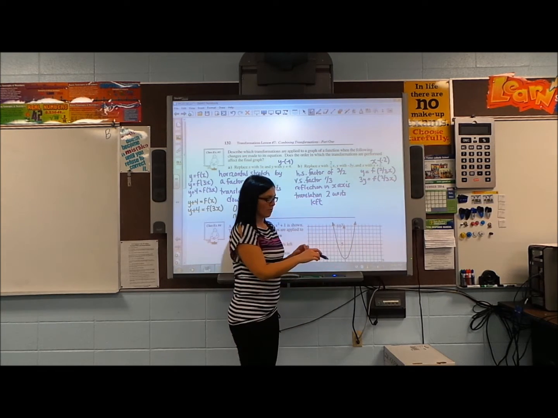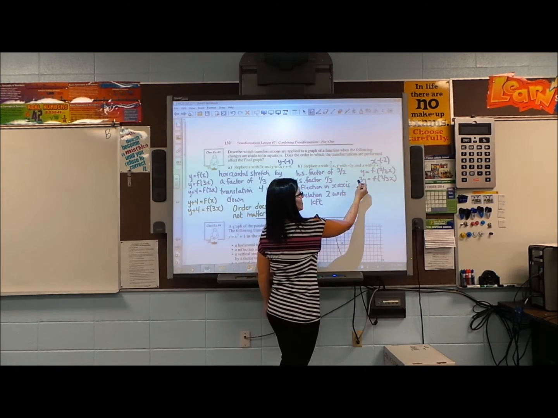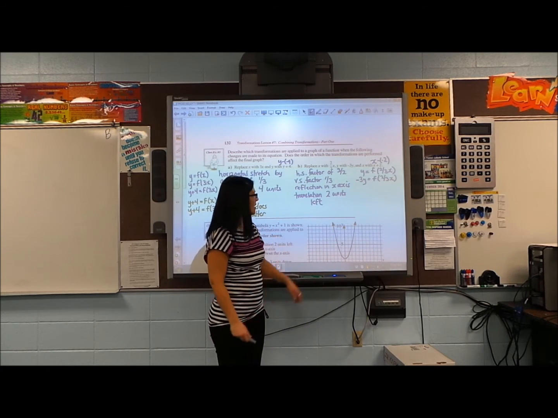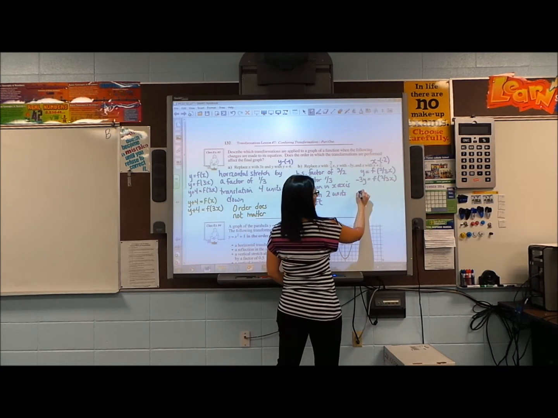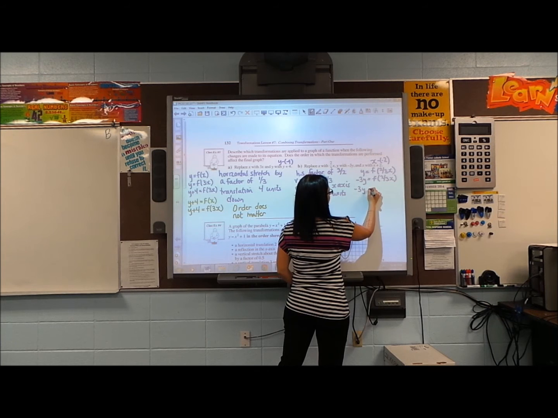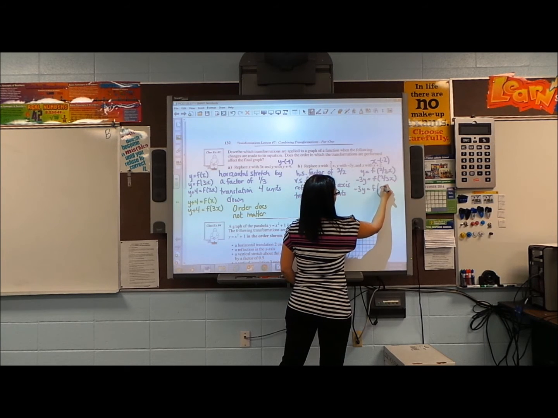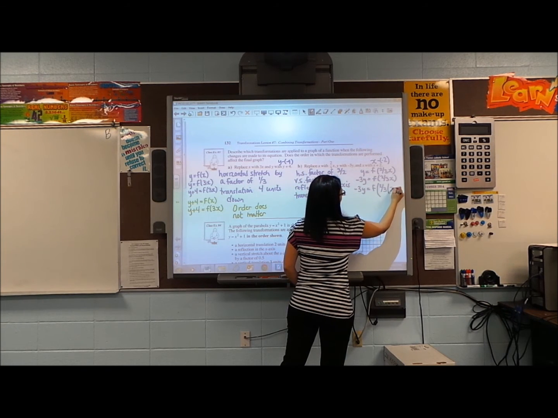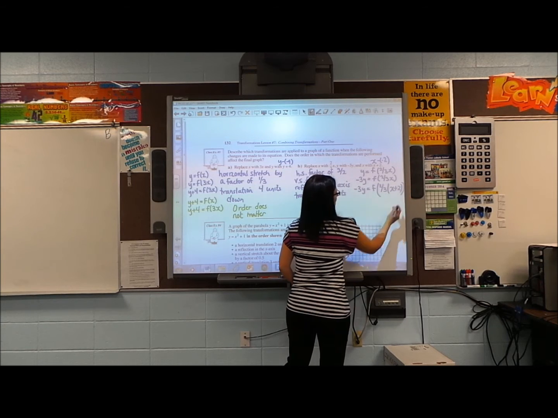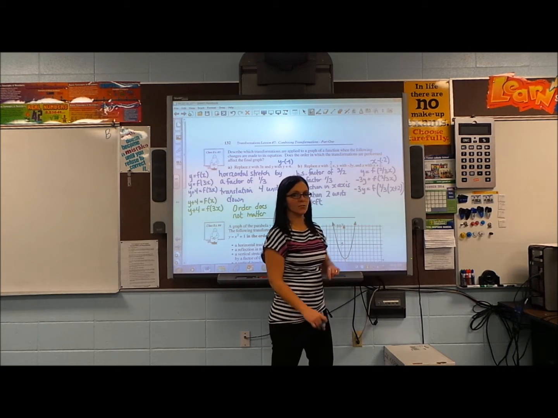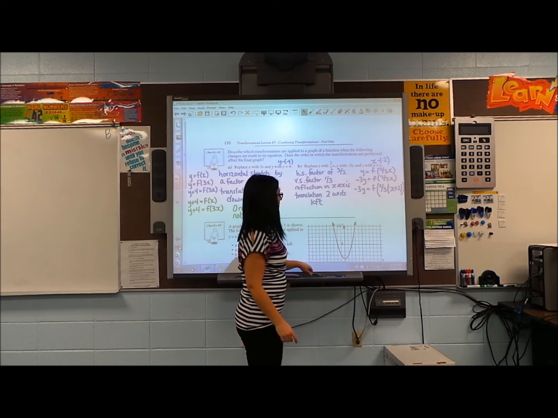Reflection in the x-axis brings this to be a -3. And then translation of 2 units to the left means I would have 2/3 of (x plus 2) in brackets, because it's the x that gets replaced with an x plus 2.